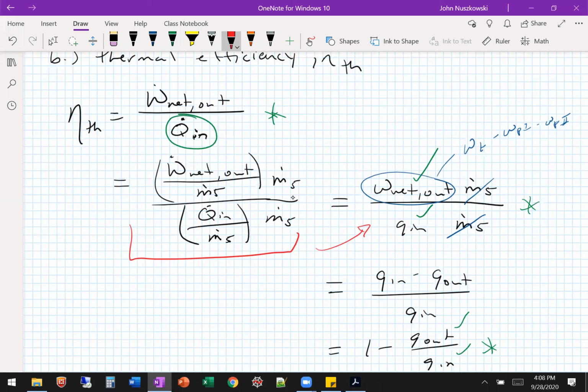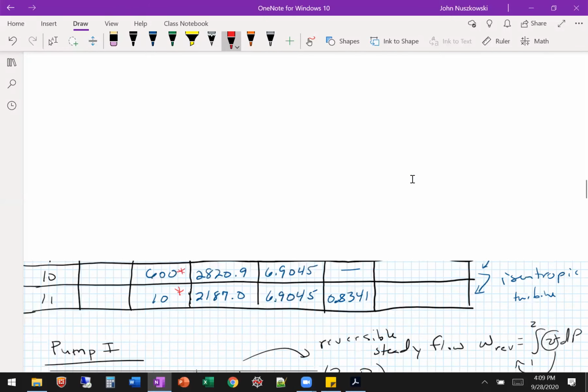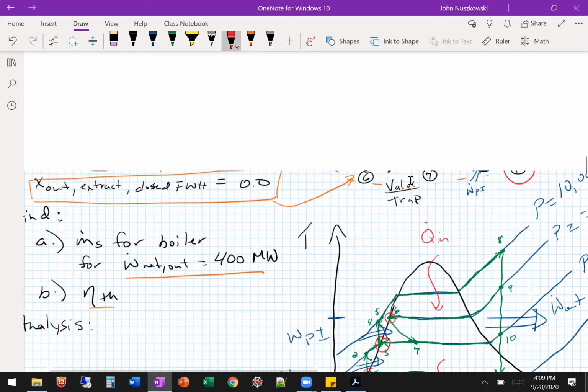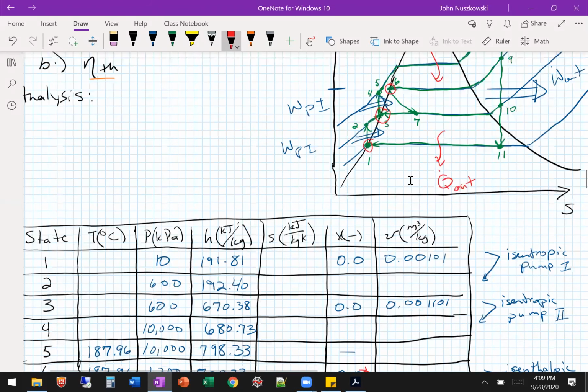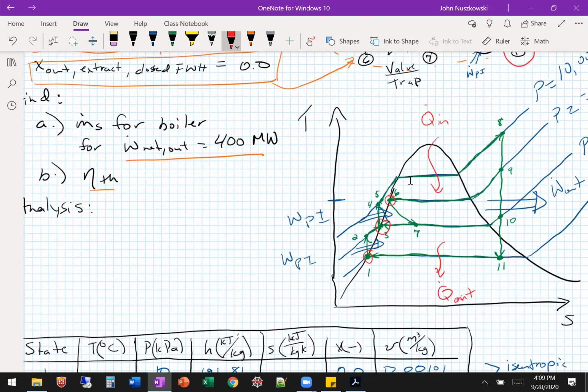All right. Any other questions? So it also goes to show you can always get a thermal efficiency if you have all your state information and you know your devices. It doesn't depend upon the size of the system. It doesn't matter if it's a 400 megawatt system or a 1 megawatt system, because we have states 1 through 11, and the devices that they are, we have fixed states.